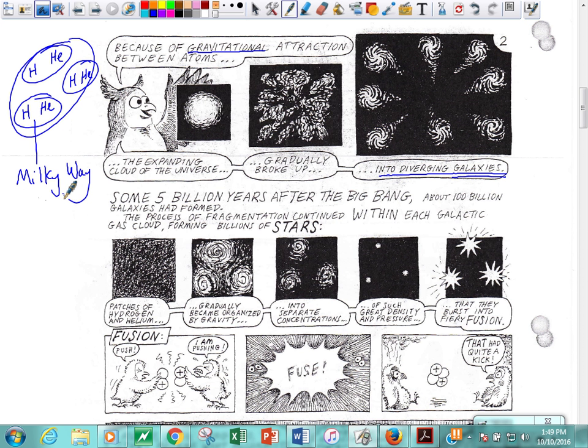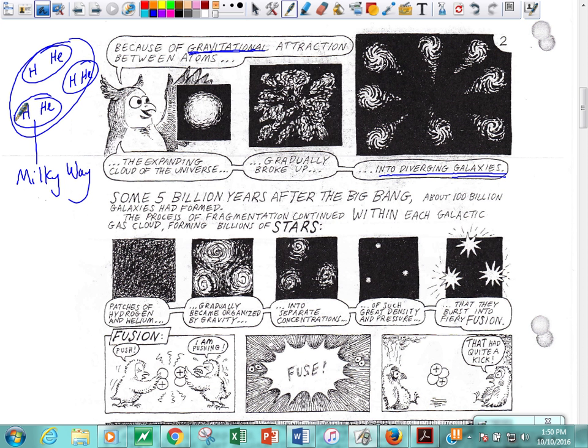So what caused the galaxies, guys? Gravity was acting on these clouds of hydrogen and helium and pulling them into this circular, kind of fragmented cloud of dust, just hydrogen and helium, a cloud of gas.